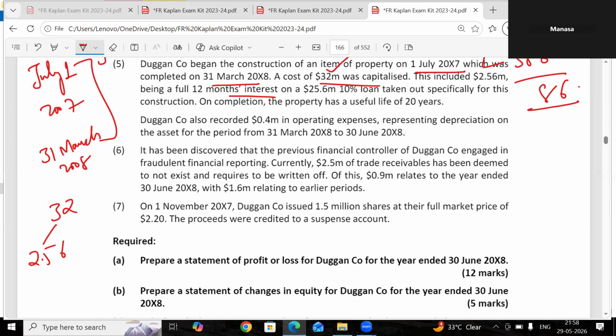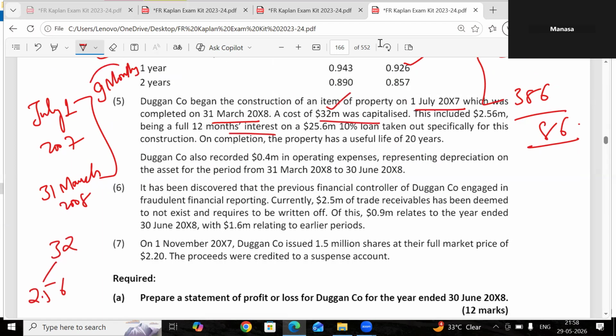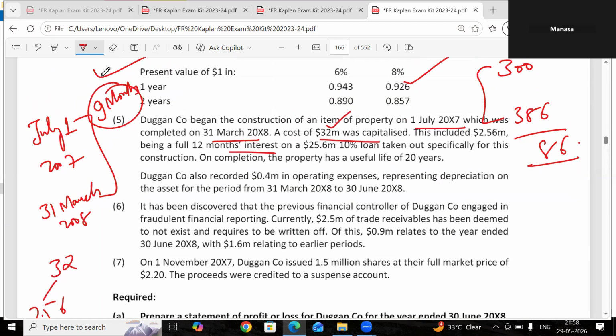Now you tell me, if your construction completed in 9 months, you have to capitalize for 9 months or for 12 months? Only 9 months. Your construction completed in 9 months, right? So you can capitalize only for 9 months. So extra capitalization has been done. Is that right?